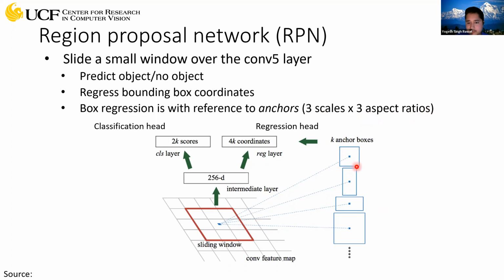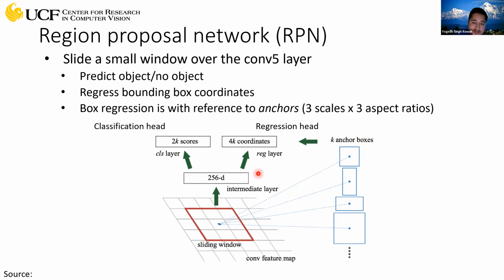The first one is a square, then a rectangle which is vertical, and another rectangle which is horizontal. And then you have 3 different scales. So again, the same square bounding box, but at a bigger scale. Similarly, you will have bigger scales for these 2. So in total, you will have 9 anchor boxes. For each location, you put an anchor box and extract the feature.